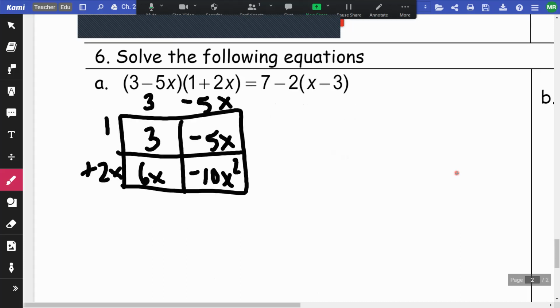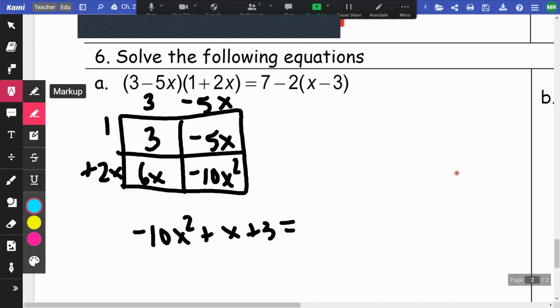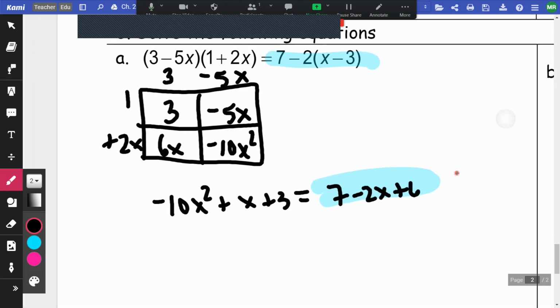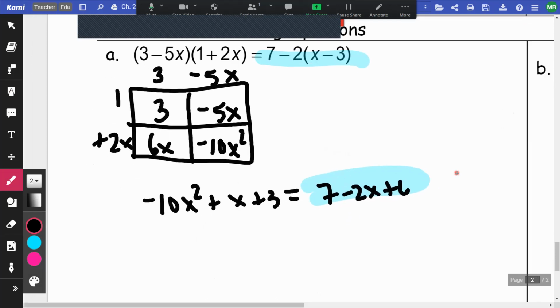Then I clean that up, and I have -10x squared plus x plus 3 equals, on the other side, 7 minus 2x plus 6, because that -2 is going to distribute to the x and the -3. Do not do 7 minus 2 and get a 5. That's a no-no. That 2 is not a 2. It's a 2 times x minus 3.